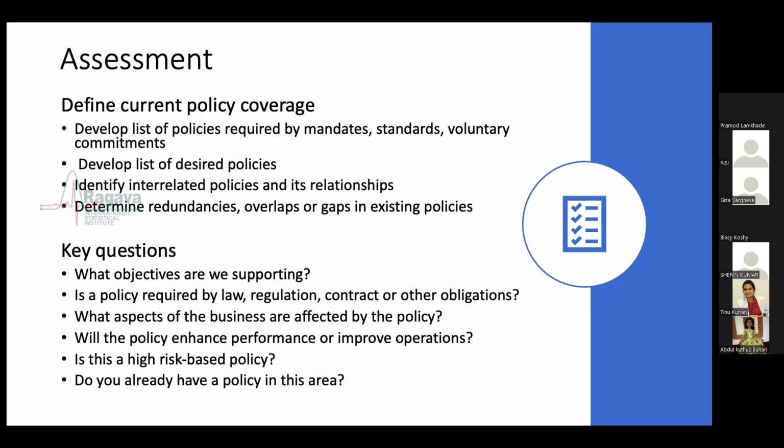Then you will see whether, by developing and implementing this policy, you are going to enhance performance or improve operations. Then you will see if this policy is linked to a high-risk process.